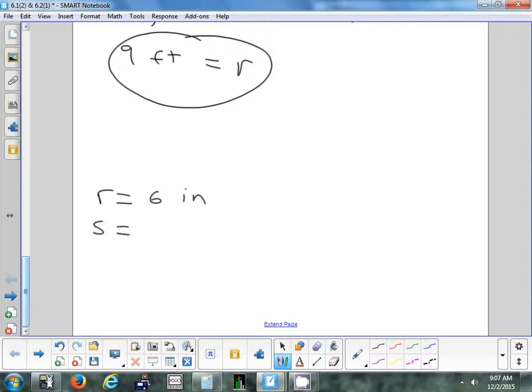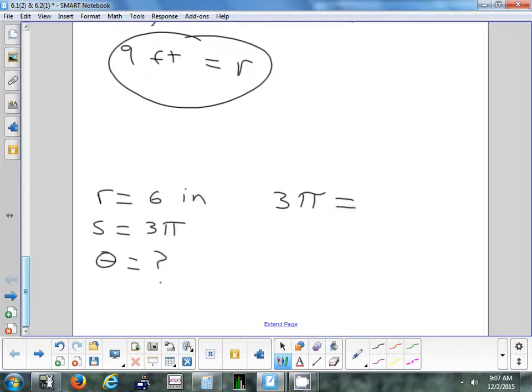The arc length is, let's make it smaller. It doesn't matter. You can make it any size you want. Okay, find the angle. So I just fill in what I know, and I'd solve for theta.